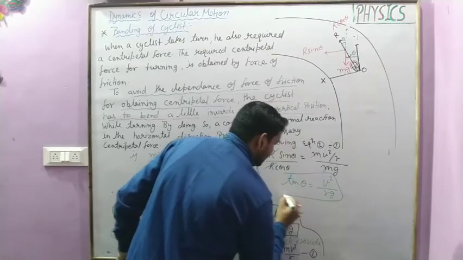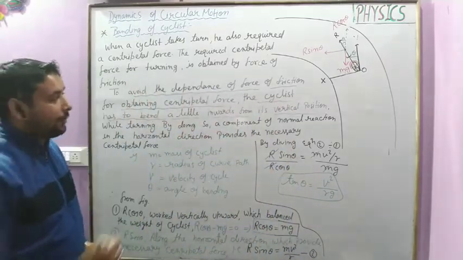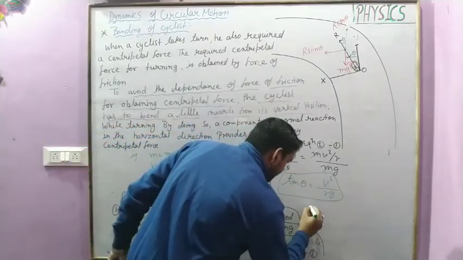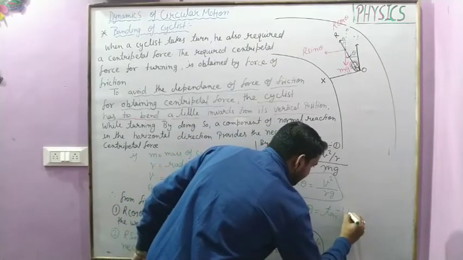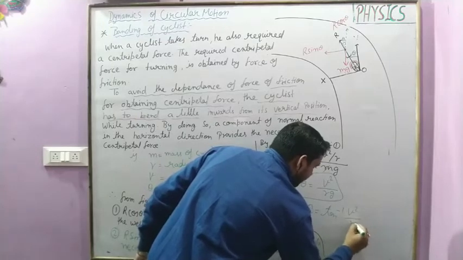This is the angle of bending of a cyclist, theta equal to tan inverse of v square upon rg.